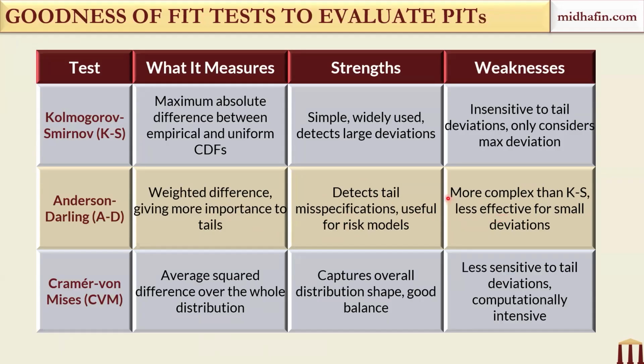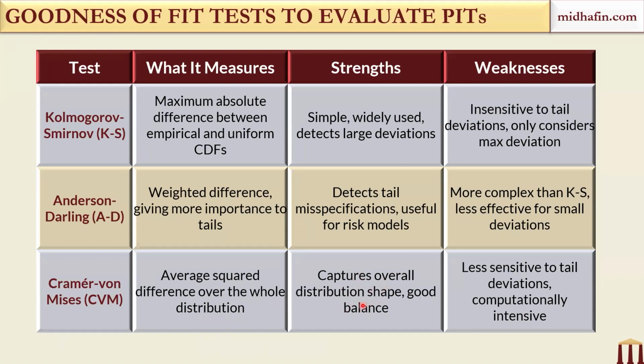of the distribution. Finally, you have the CVM, which looks at the average squared differences across the entire distribution. This means that it is much more balanced, capturing deviations across the whole range and the overall distribution shape.